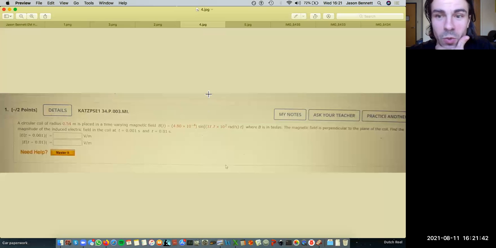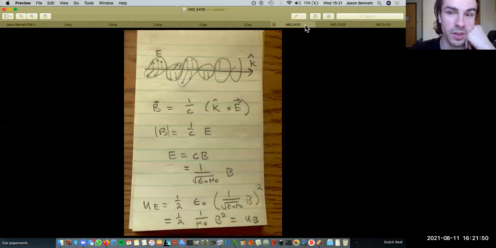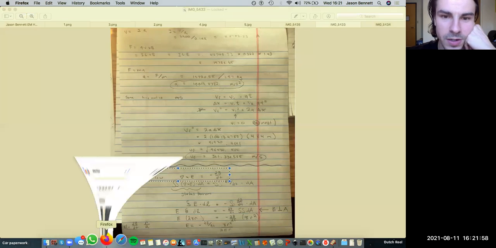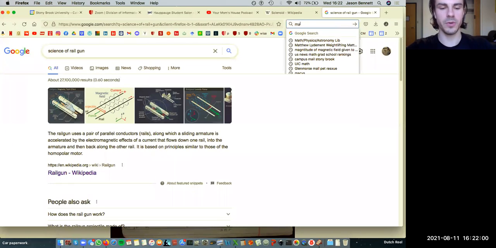Okay, I think this is a really cool problem because it uses one of the coolest equations from electricity and magnetism. This is one of Maxwell's equations.